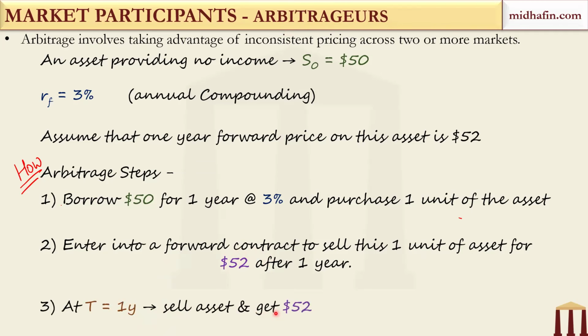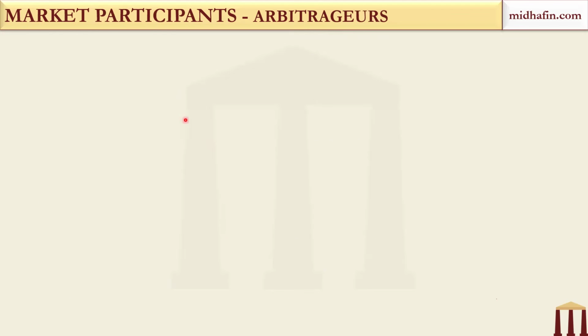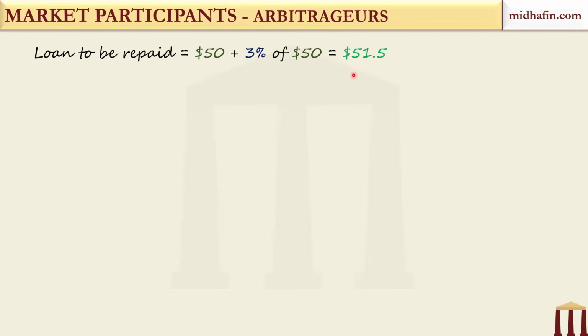How much money do you have to pay to the bank? You had borrowed $50 for 1 year at 3%, so you pay the initial principal plus 3% of this $50 for 1 year, which is $51.5. What is your arbitrage profit? $0.5. Correct? You pay $51.5 and you are still left with $0.5.